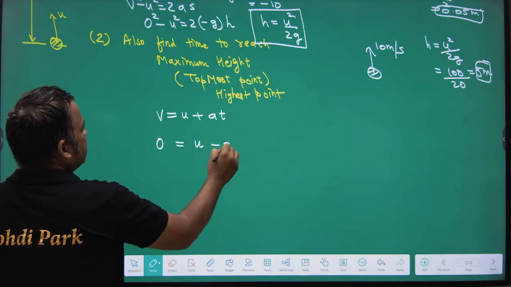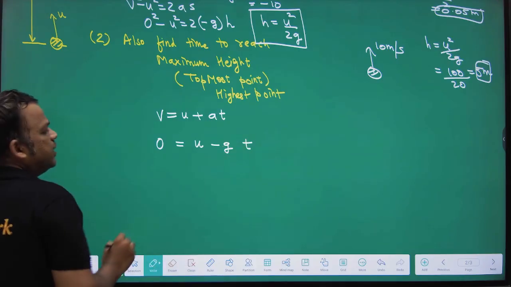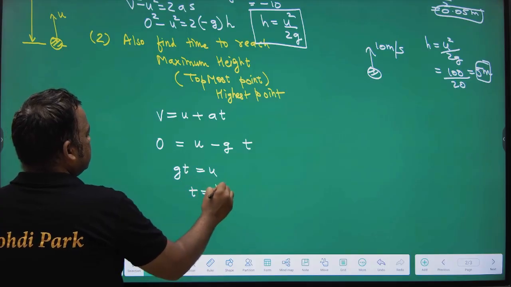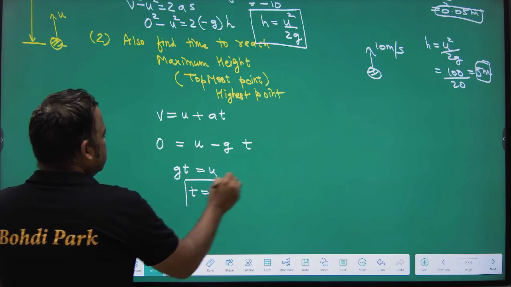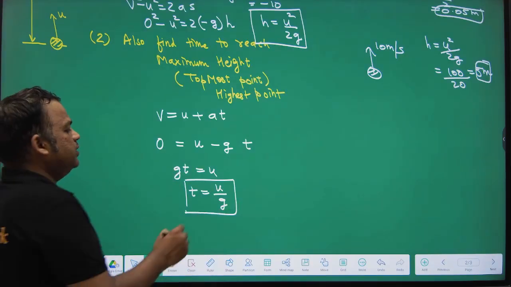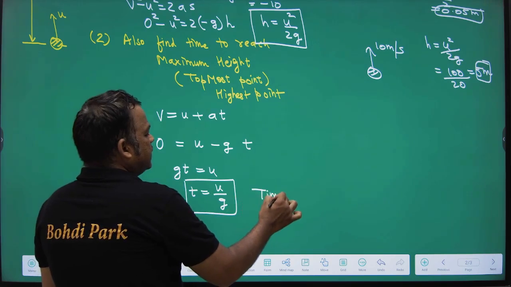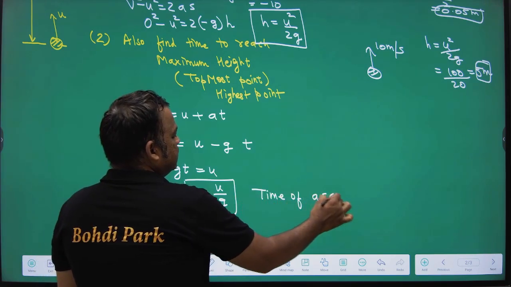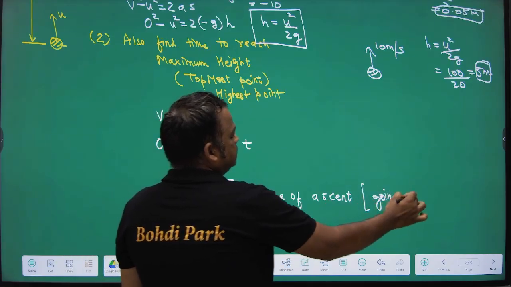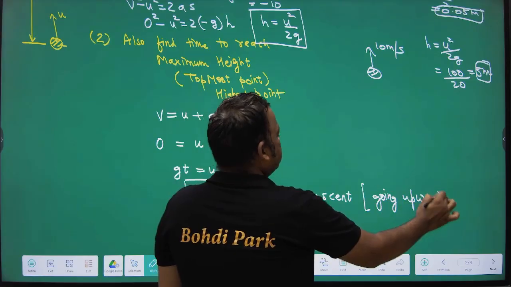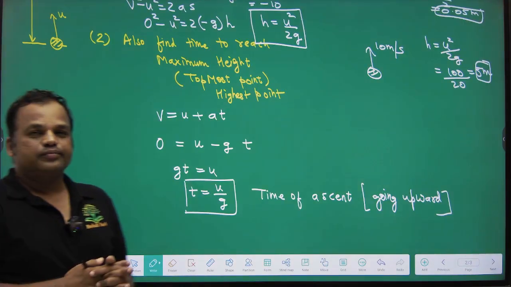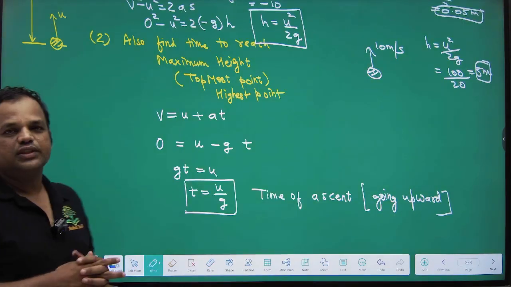Acceleration is minus g. Time is t. So gt is equal to u. So t is equal to u by g. This is the time during upward motion. This is also known as time of ascent. Ascent means going upward. So these two questions we have solved.